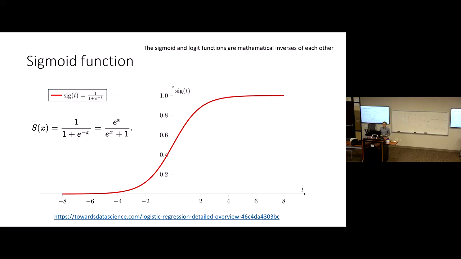This is one of the activation functions to transform your input values into a value between 0 and 1 following this particular function.